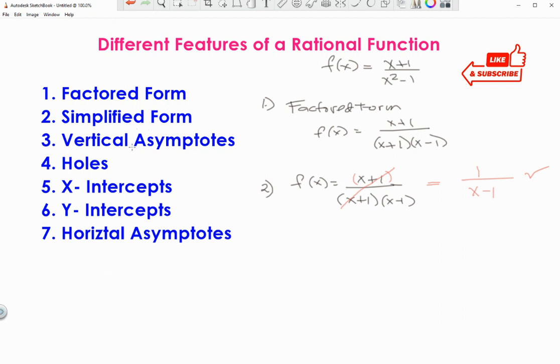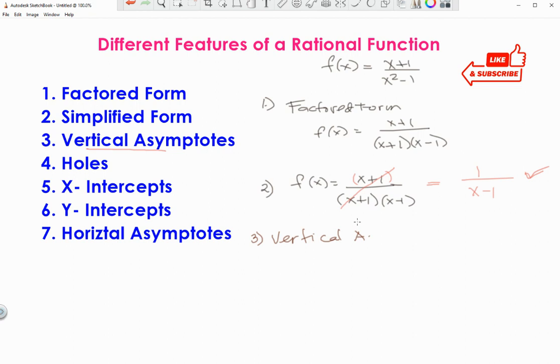Now, the next one is the vertical asymptote. Remember in our lessons about vertical asymptotes, this is the value of x in your denominator that will make it 0. Look at your simplified form. You have x minus 1, right? That is the denominator. In this case, there's only one vertical asymptote.